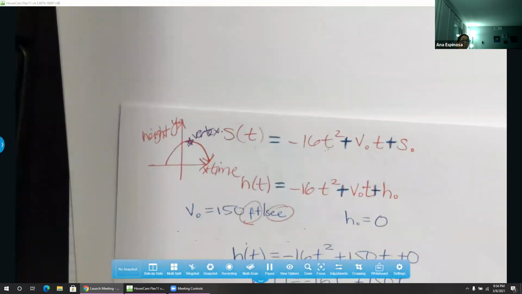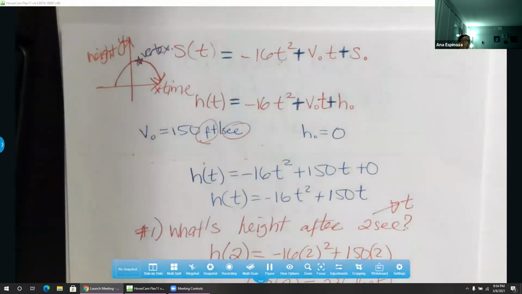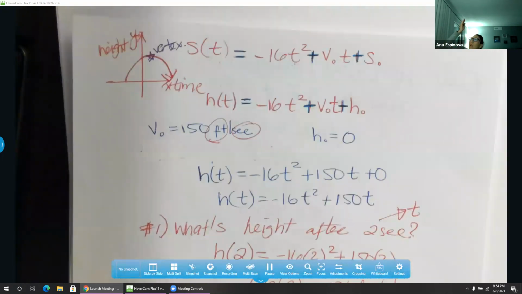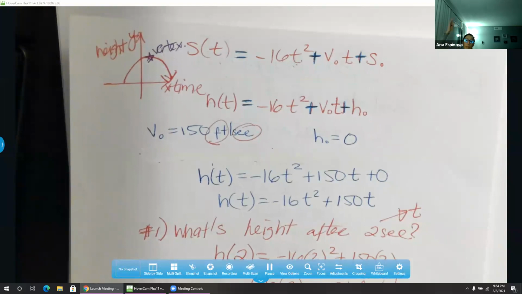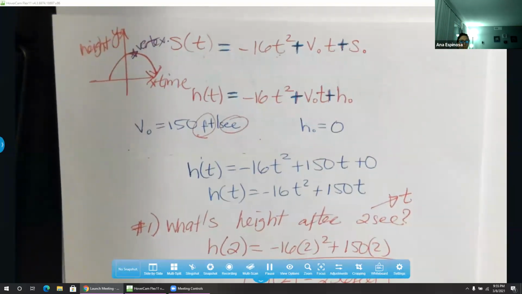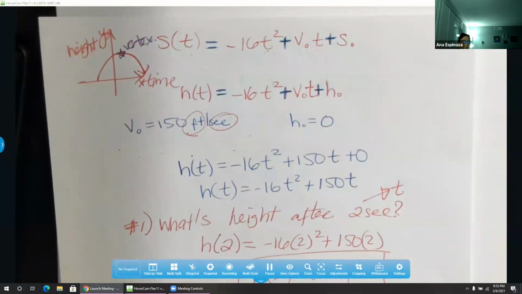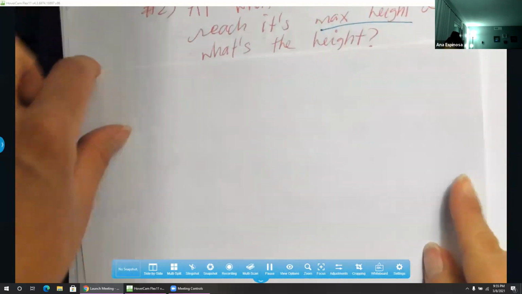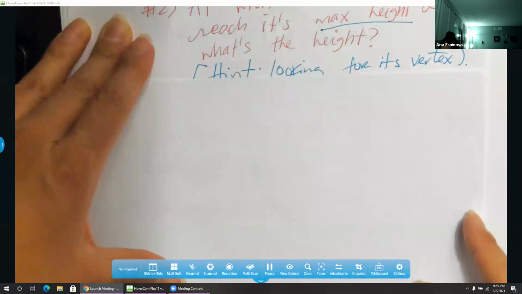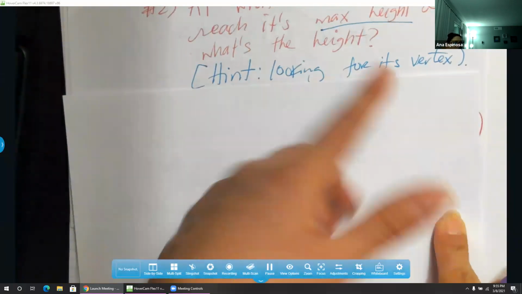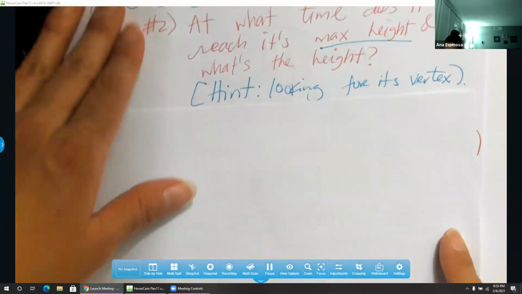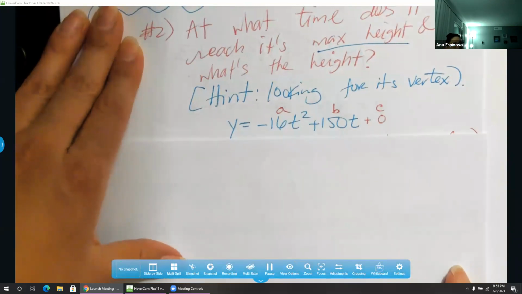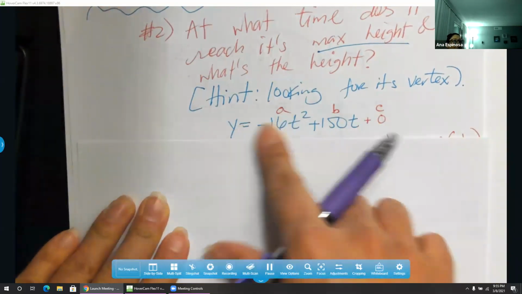Now, that sheet that I have up there that you can use on the exam, where it's got standard form, vertex form, and intercept form, it shows you how to find the vertex of each of those forms. So in order for me to find the maximum height, you're trying to see where the vertex is. You have to know which form it is in. This is in standard form.